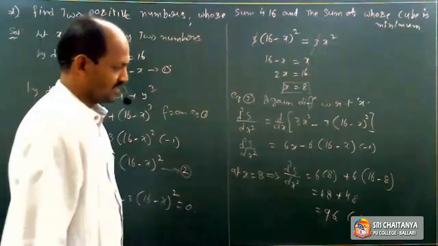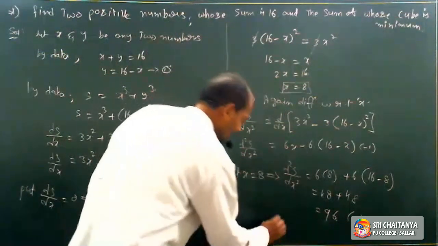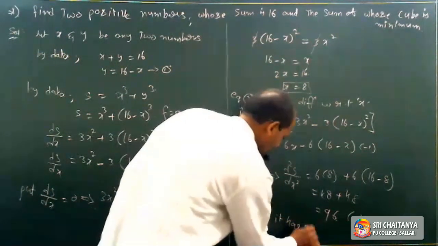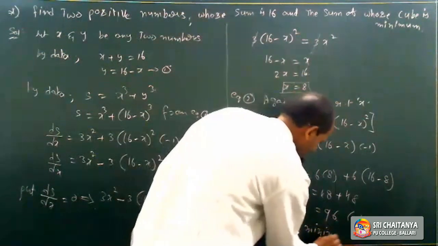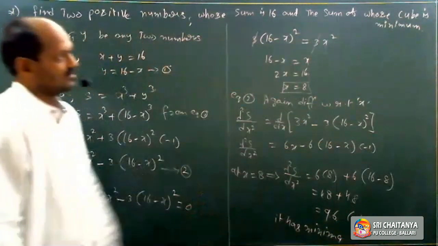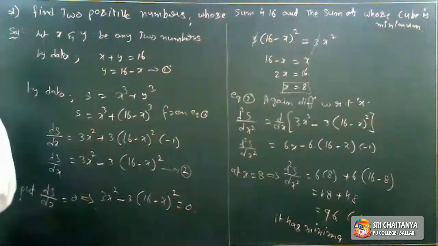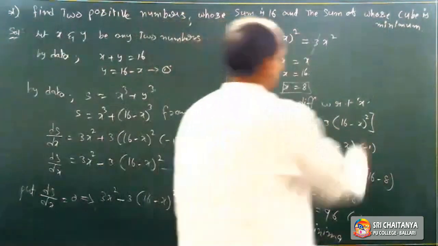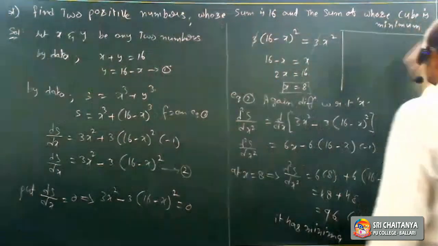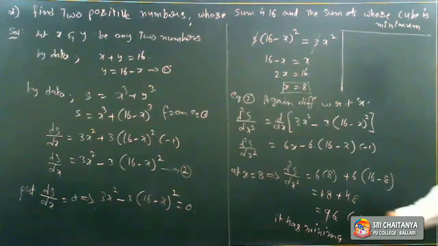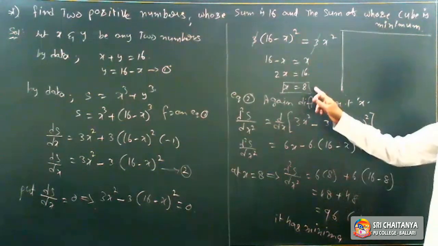Second order derivative is positive. That means it has a minimum. So it is a minimum at x equal to 8.